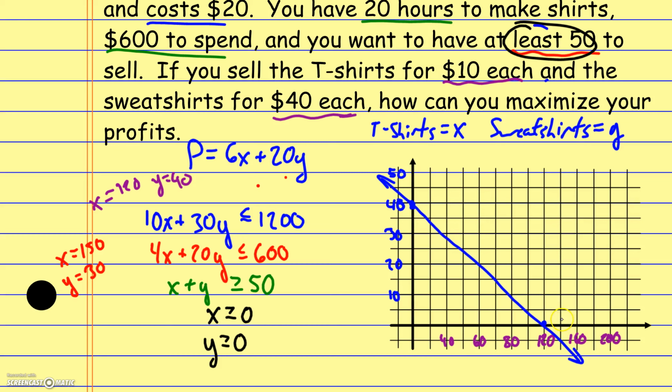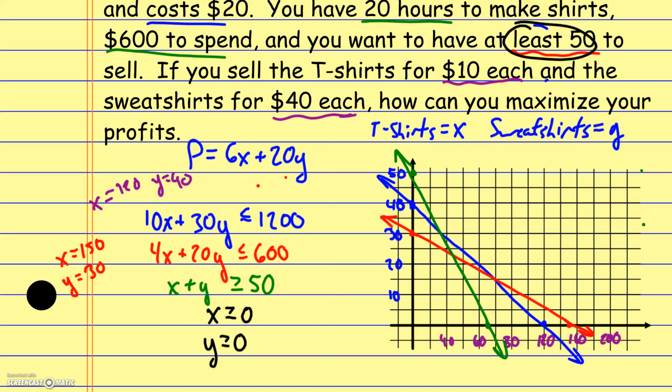So I get 150, which is way out here somewhere, and I get the 30, which is over here somewhere. And again, I'm going to graph that as best I can. With the next one, the x-intercept and y-intercept are both 50, so I've got a 50 here and a 50 down here. I'm going to go ahead and graph that line as well.